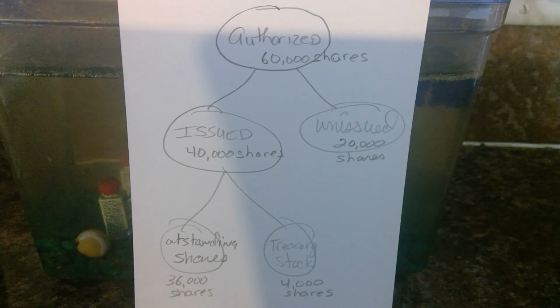If you read the narrative there on slide 3, you'll see under common stock, it says 60,000 shares are authorized, 40,000 shares are issued, 36,000 shares are outstanding. And again, just like I told you in the prior video, 40 minus 36 gives us 4,000, which is equal to the number of shares that we held in treasury. Same scenario as your tree diagram.